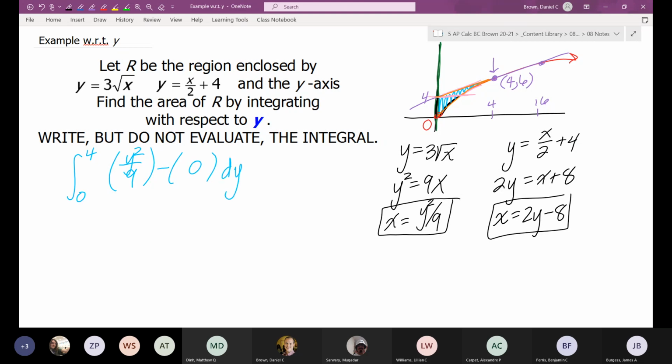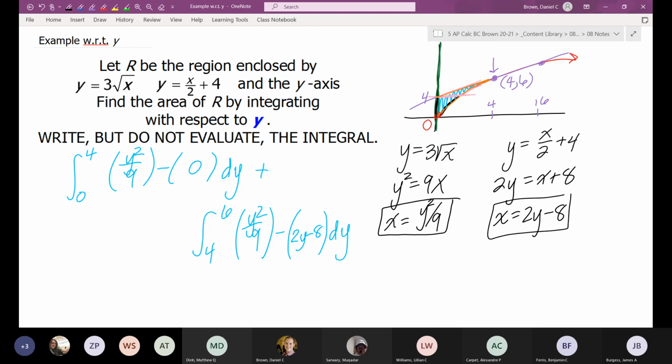In the dy, you could have definitely left off that 0 there. Added to that, the second region starts at 4, ends at the y value of 6. The right function is still y squared over 9. The left function now is that line. That line in terms of y was 2y minus 8. Thankfully, it didn't ask us to evaluate it, but just set it up.